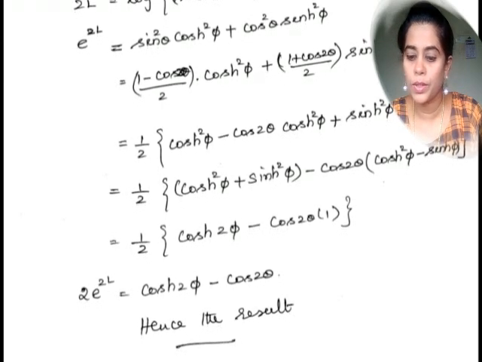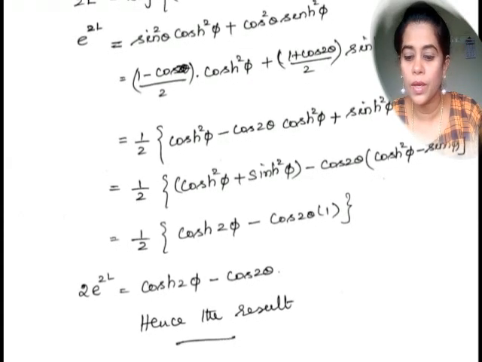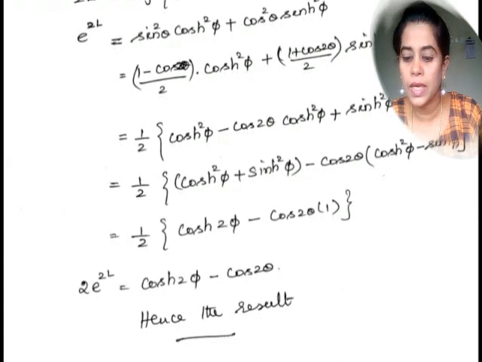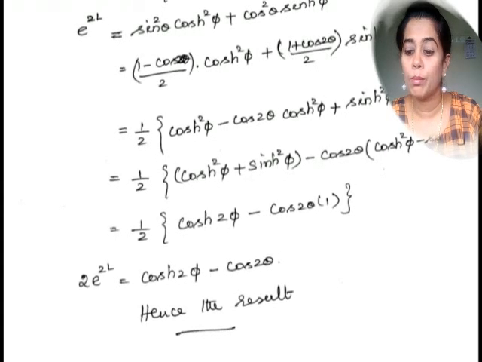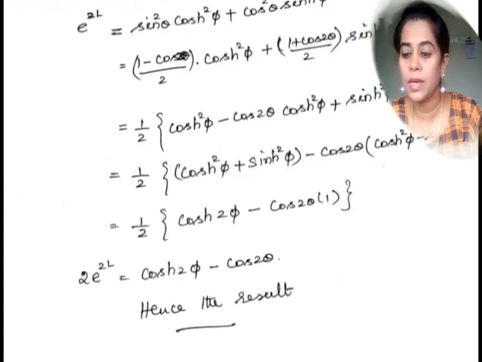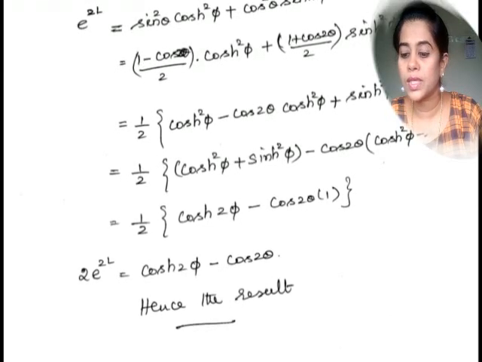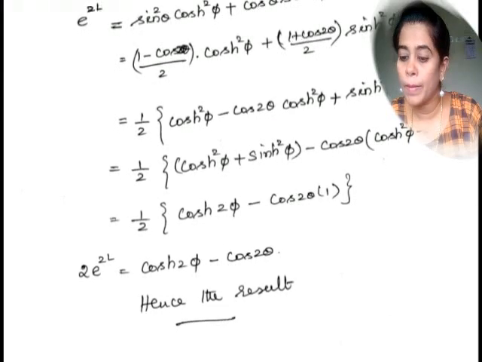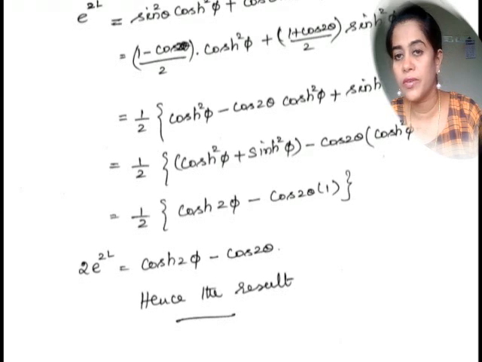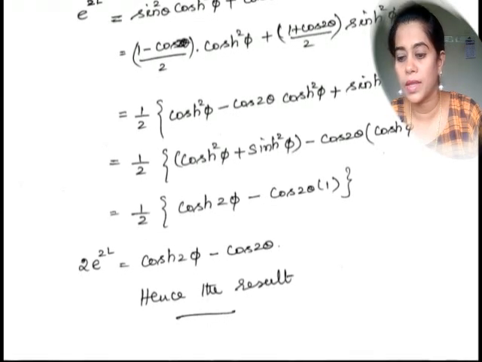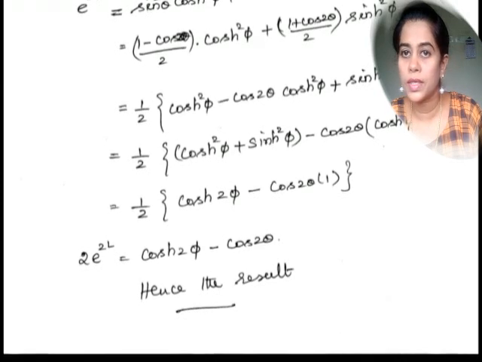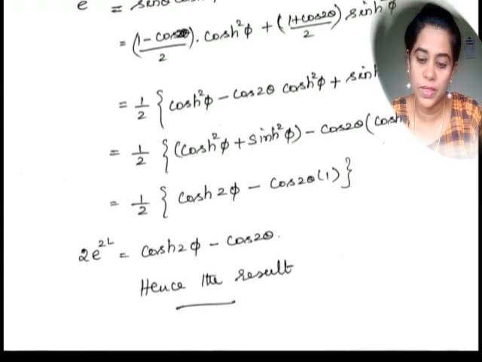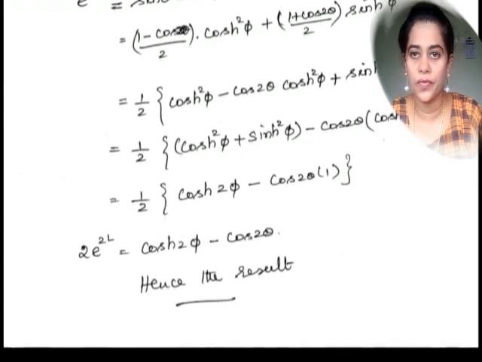Then this implies 1/2 of, combining the related terms, cosh²φ + sinh²φ − cos 2θ into (cosh²φ − sinh²φ), because if I am taking minus common here, then the other term will automatically get minus. So we know that cosh²φ + sinh²φ is equal to cosh 2φ.